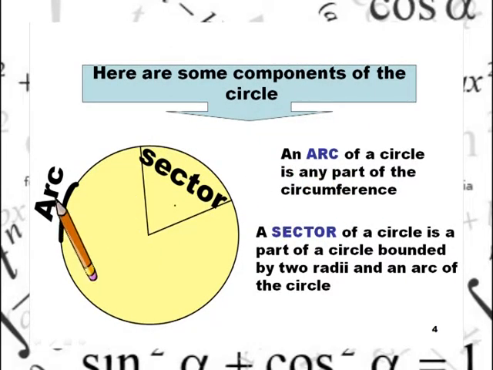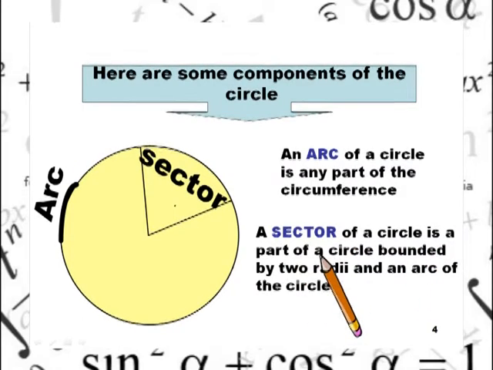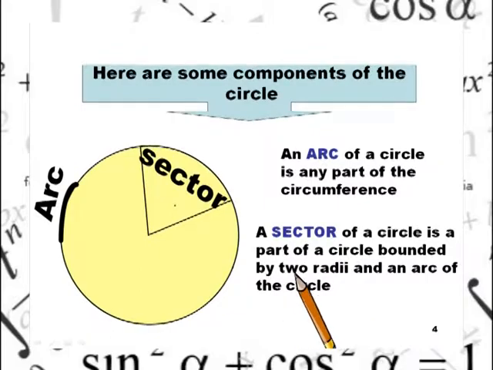An arc of a circle is any part of the circumference. A sector of a circle is a part of a circle bounded by two radii and an arc of the circle.